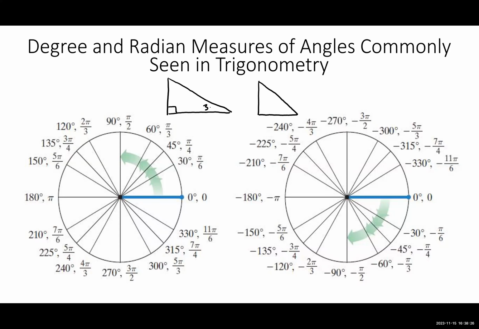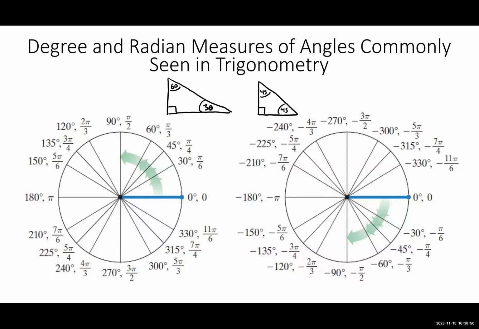There was the 30, 60, 90 right triangle, and there was the 45, 45, 90 right triangle. And these were pretty important in the context of geometry.